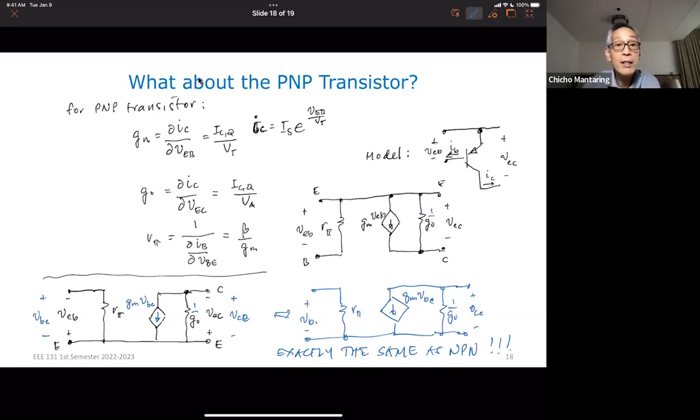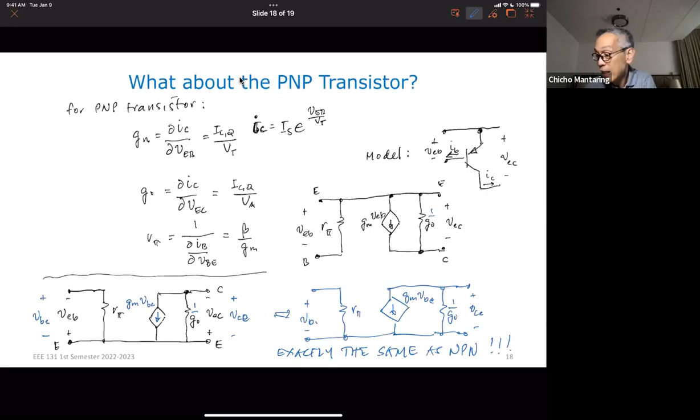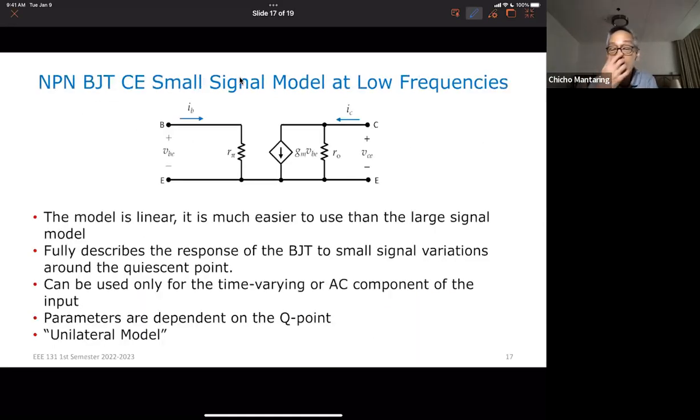Any other questions? So that's it. That is my way of teaching you the small signal model of a transistor. Again, this is sometimes confusing to the students. This represents only the transistor. Transistor lang yan. No? When you connect resistances to the transistor, mag-iiba nito.